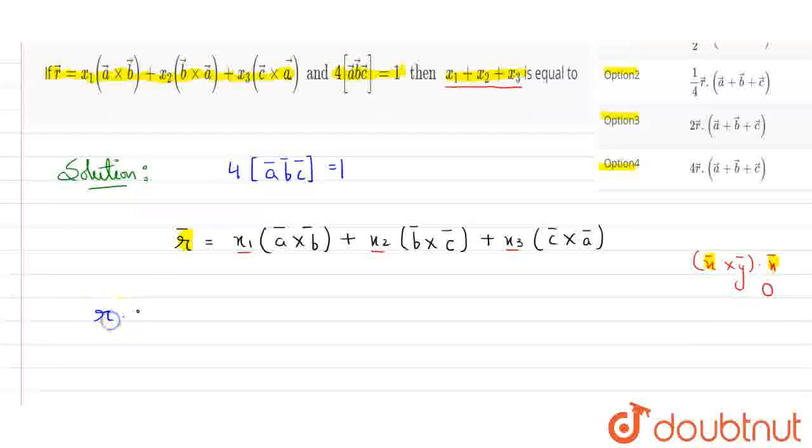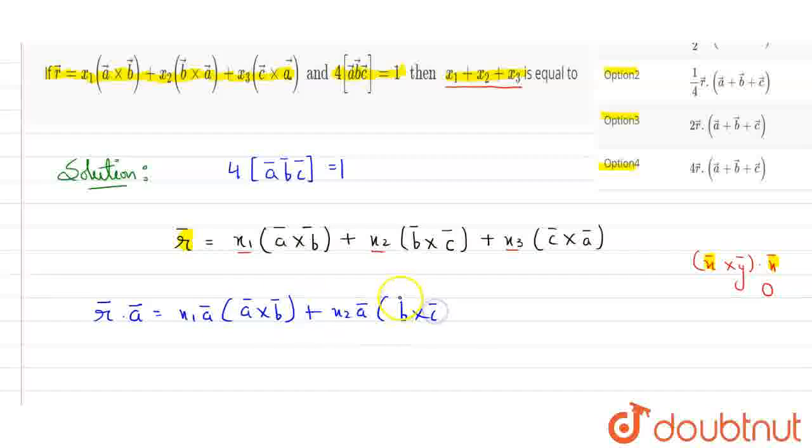So now if I multiply the r vector with a, then I'll get here x1 a vector (a cross b), okay? Similarly here x2 a vector (b cross c), and for the third it will be x3 (c cross a) and a vector here, okay?